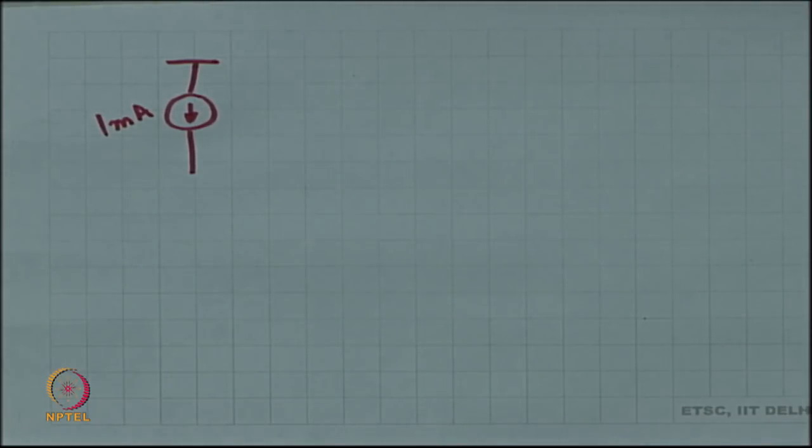Can you make another current source of value 1 milliampere? Okay. If I tell you what 1 milliampere is, can you make another current source of 1 milliampere, or can you make 2 milliamperes even?